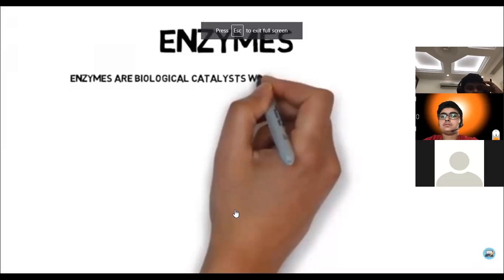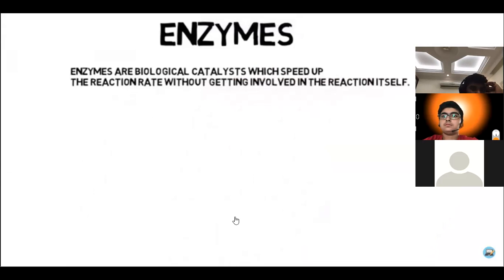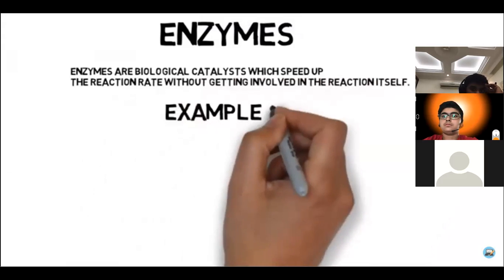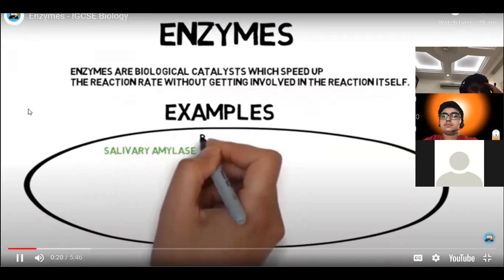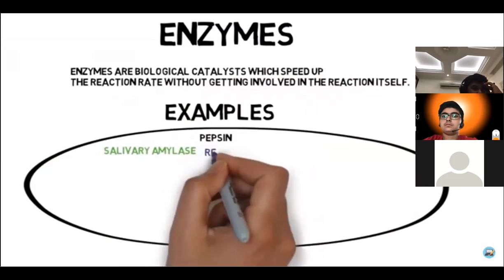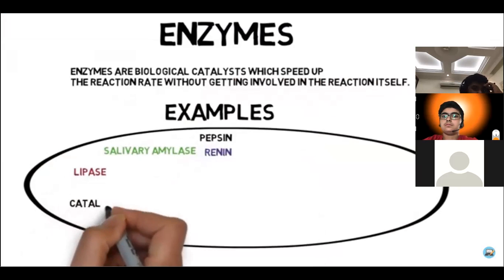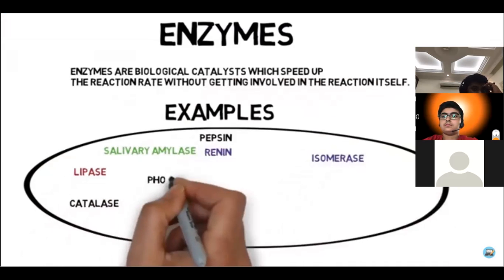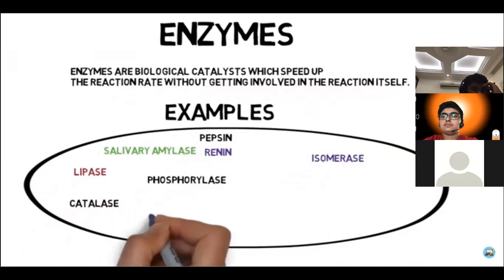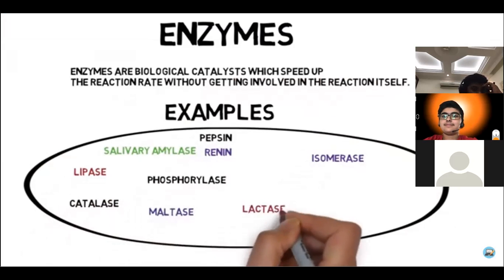Enzymes are biological catalysts which speed up the reaction rate without actually getting involved with the reaction itself. Examples of enzymes: salivary amylase, pepsin, renin, lipase, catalase, isomerase, phosphorylase, maltase, lactase, sucrase.